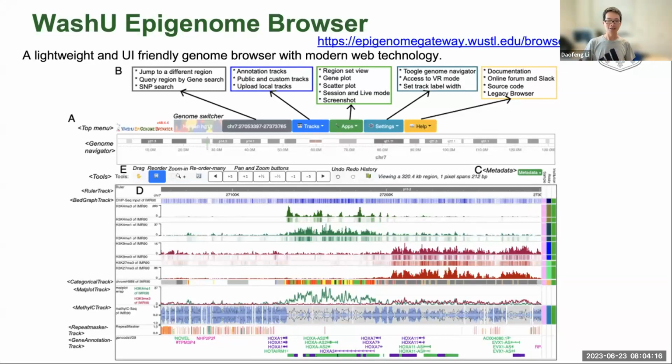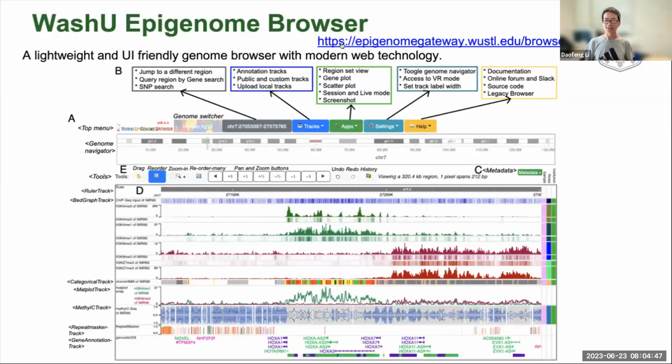This is the user interface of our current browser, and also the URL for the browser. On the top, it has a menu with which you can control the regions and tracks and have functions. You can change settings, and also have links to the help documentation and source code as well. After that, you have a menu that allows you to jump to different genomic locations.